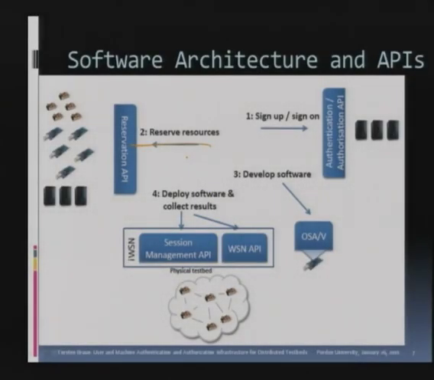Also, for example, if you want to upload code to the sensors, you send a call to the WSN API in order to upload the code. Of course, these web service calls should then only be available to authorized people, or maybe to software processes which have the right to access these resources.